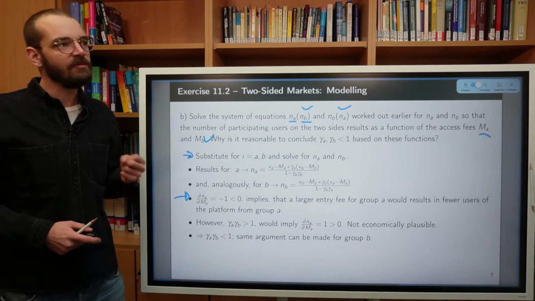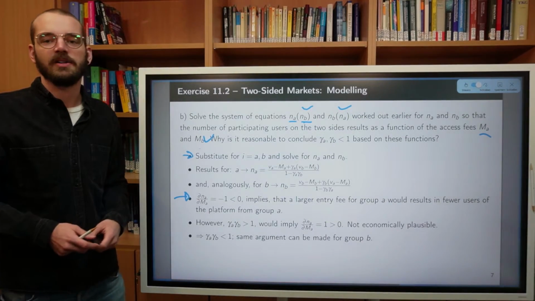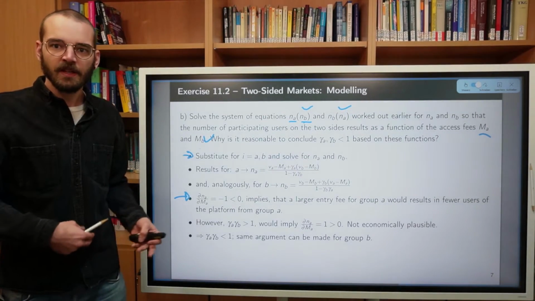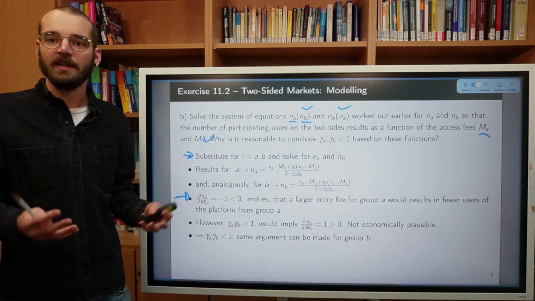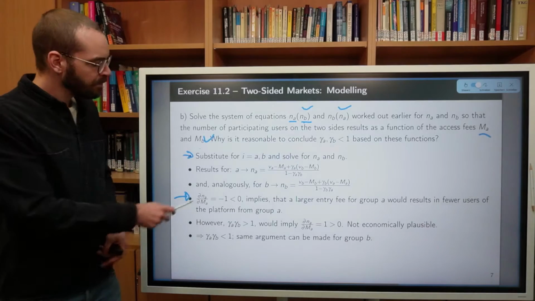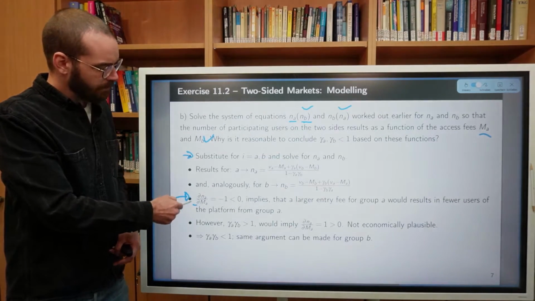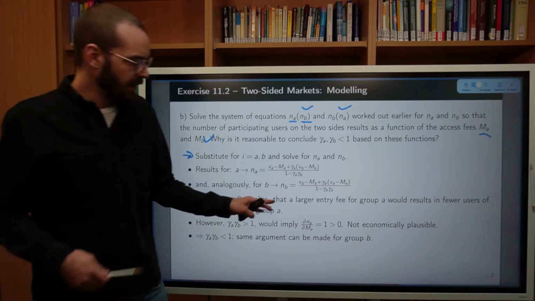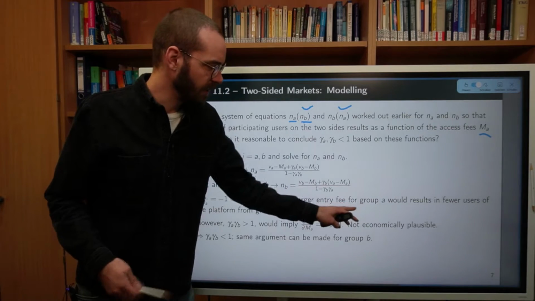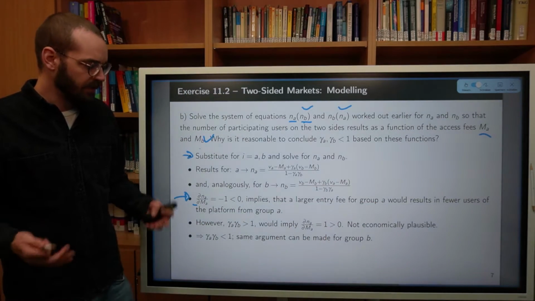Everything else would be very counterintuitive and very hard to argue why it makes sense. So our desired property of the model would be that this derivative should be smaller than 0. So if a larger entry fee for some group results in fewer users of the platform of the same group.